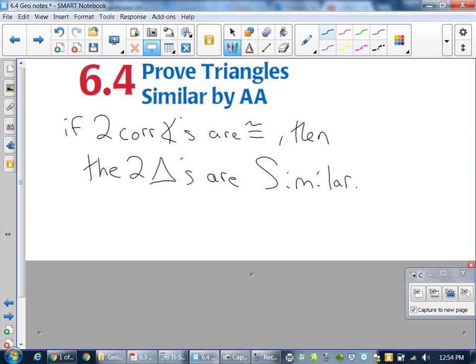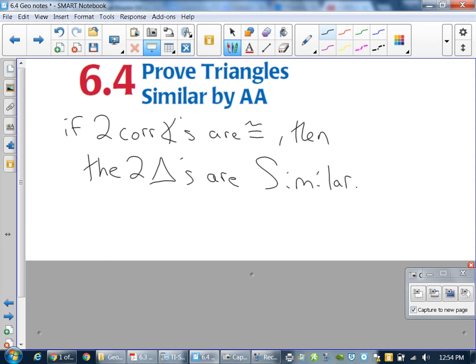So basically what this boils down to is, if you have 2 angles that are the same in a triangle, you automatically have similar triangles. You don't have to show the ratios, you don't have to prove it with the fractions. You know that it works, which means you have to be able to write out a statement just by following tick marks in the triangle.